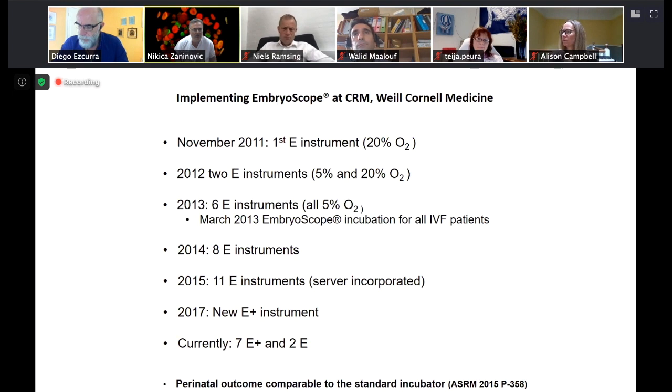We tried to purchase as many EmbryoScopes as we could so we could continually have all our patients, which is about 3,500 patients a year, in EmbryoScopes. At one moment, we had 11 EmbryoScopes. With the development of the new system, the E+, which is fantastic for us, we were able to completely switch to that. So it is a process that we started in 2011. Now it is 2020, so we have almost 10 years of experience using EmbryoScope.